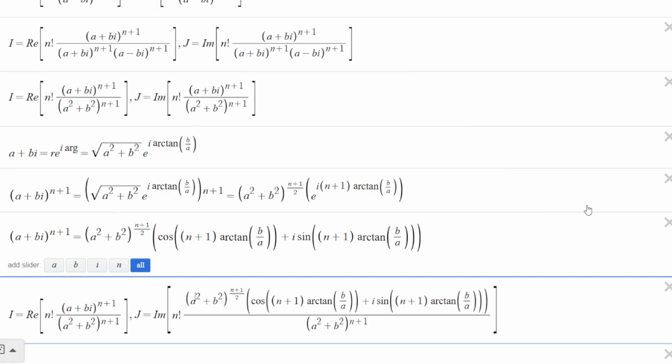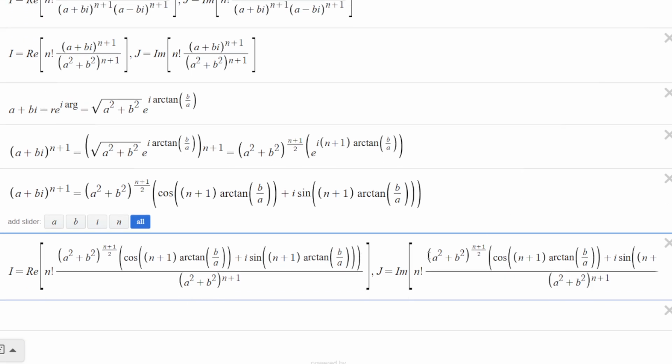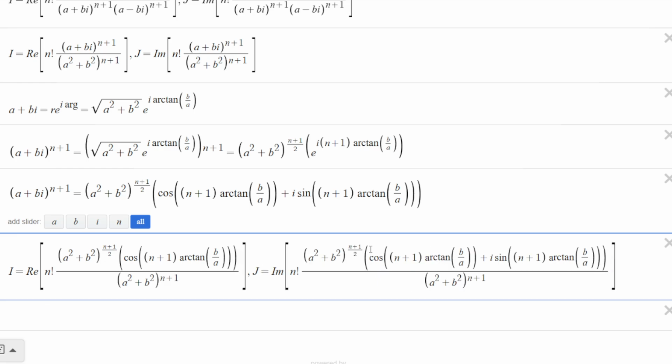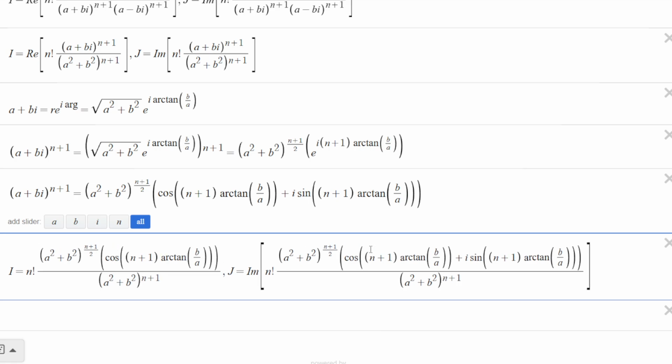You probably won't be able to see the entire formula on your screen here, but don't worry, I'm going to clean it up. Don't forget, right here, we're just taking the real part, so anything that's imaginary is just going to go away. That happens to be this, so we can just get rid of that and that real part right there.